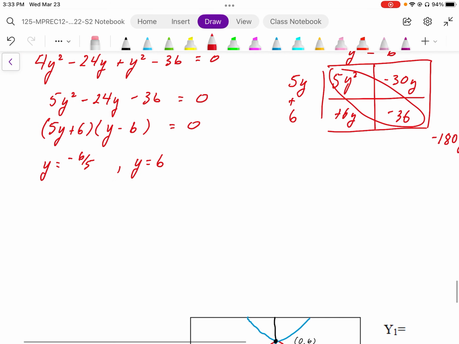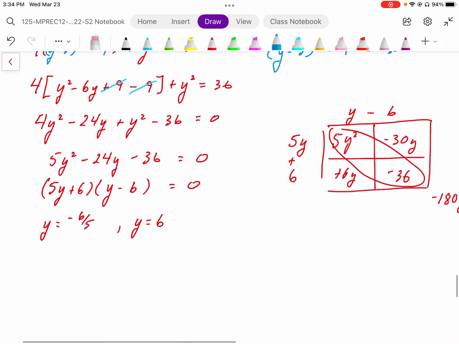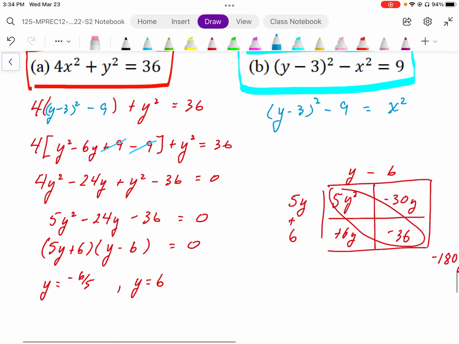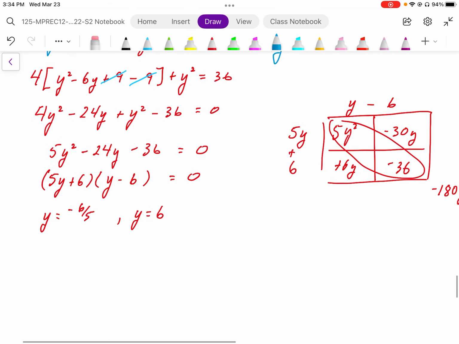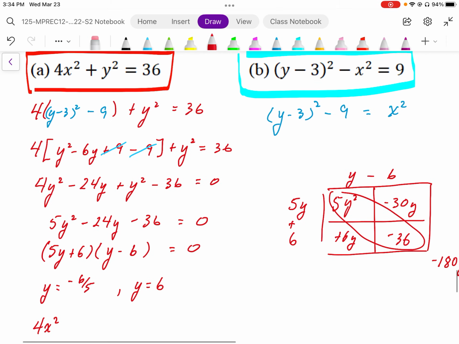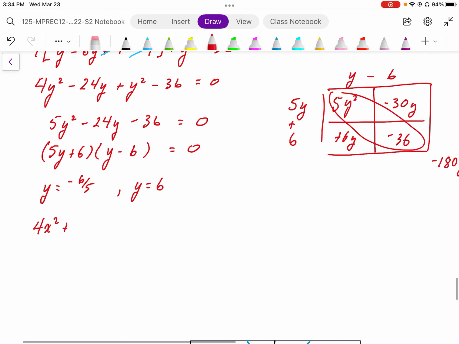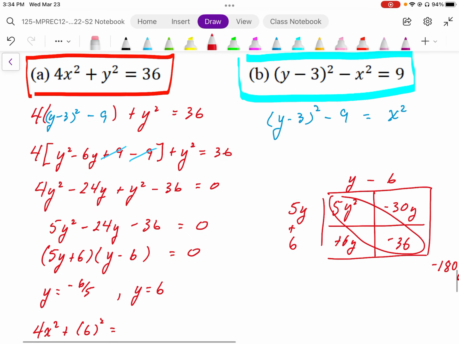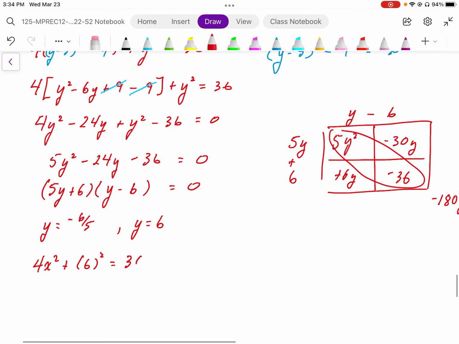So once we've done that, we still want to solve for x. I'm going to first solve for x using the positive 6. So putting it back into one of these equations, I'm going to put it back into equation A. So equation A is going to look like this: 4x squared plus y squared, well, we solved for y as 6, and that's going to be equal to 36.